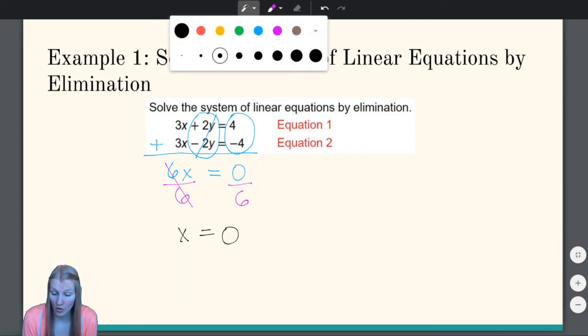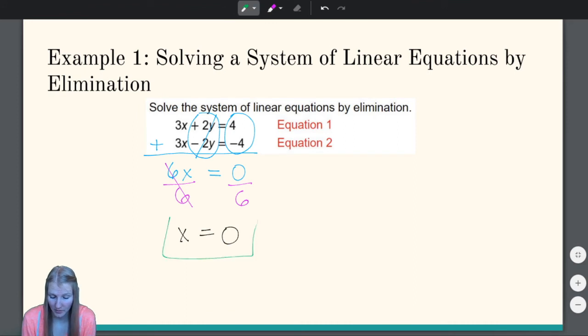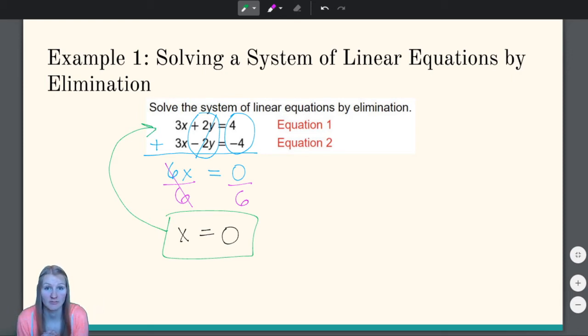Okay, and now we're already on to step number 4, which is to take this and substitute it into one of my original equations. Doesn't matter which one. Could be equation number 1, could be equation number 2. I noticed that equation number 1 has all positive numbers, and I like positive numbers. So I'm going to use equation number 1.